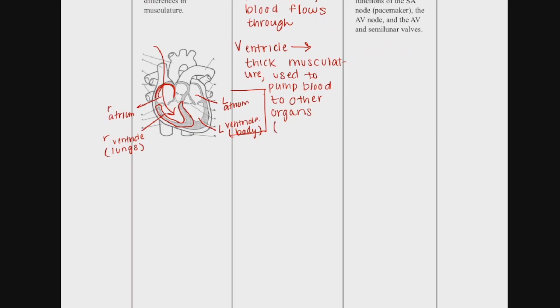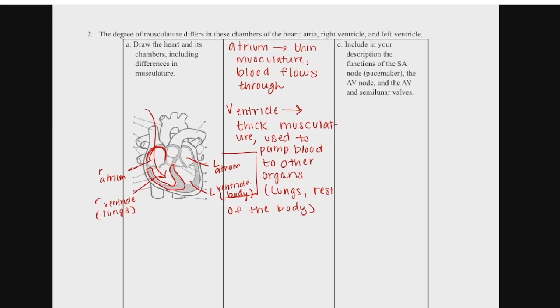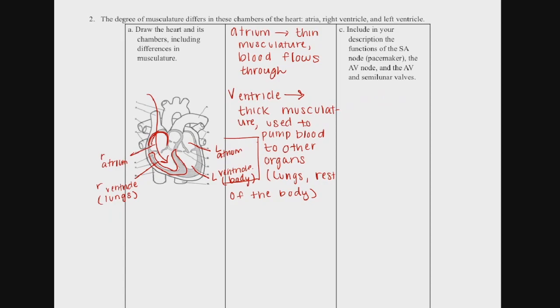And by other organs, of course, we mean the lungs and then the rest of the body. So within discussing the ventricle itself, we can also talk about the differences. I hope that helps.